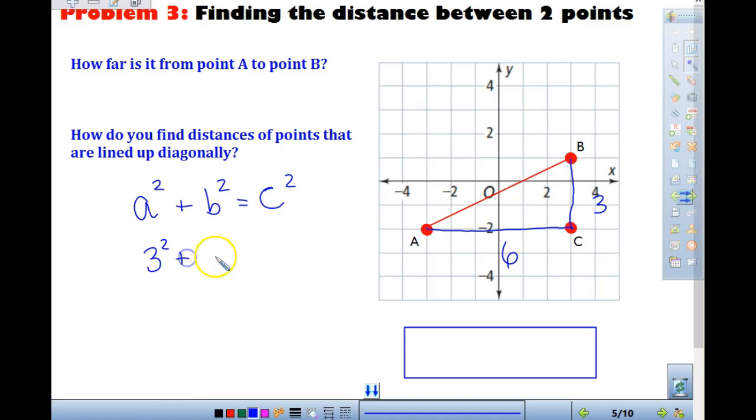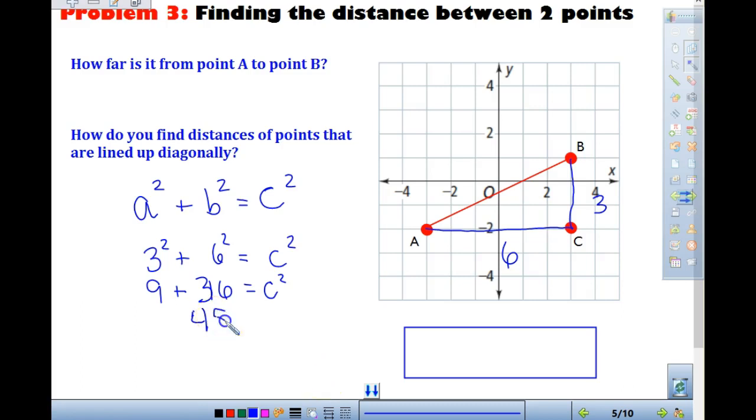We're going to only have plus 6 squared is going to be equal to C squared. So you are going to put 9 plus 36 equals C squared. We are adding. 9 and 36 gives us 45 for C squared. Is my answer 45?